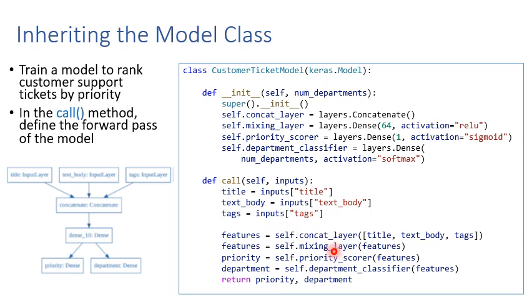We pass the features through a dense layer, the mixing layer, and then we pass the features to the priority layer and the department classifiers. And finally, we return the results, the output tensor. So we can inherit the Keras model and then override the initiate and the call to create our own model.